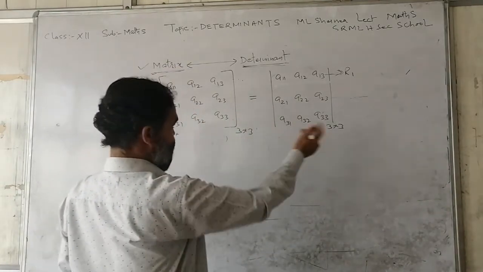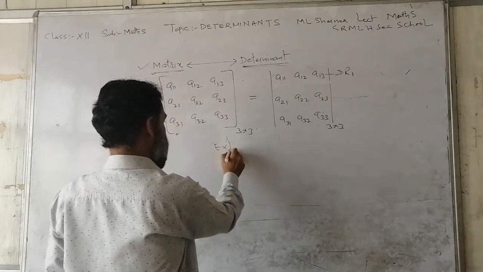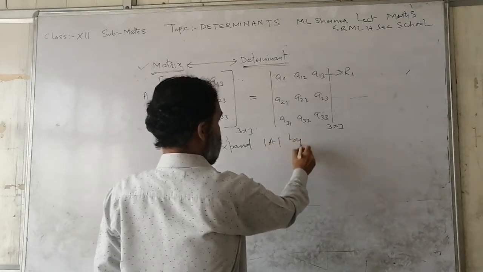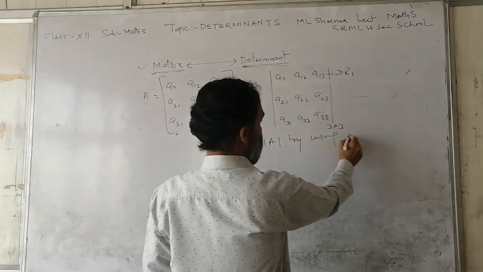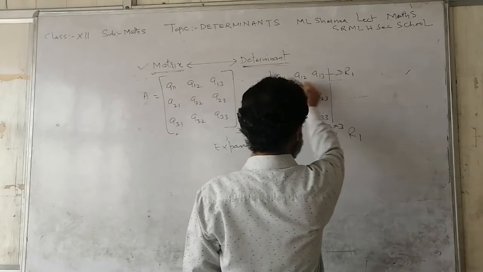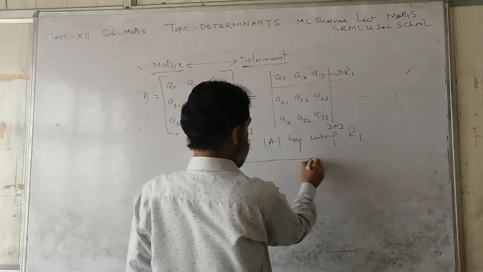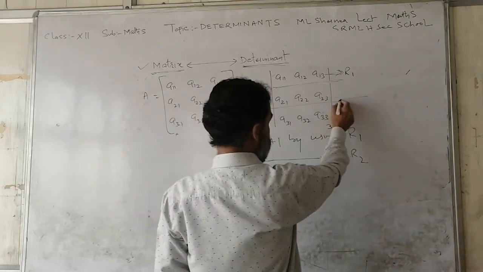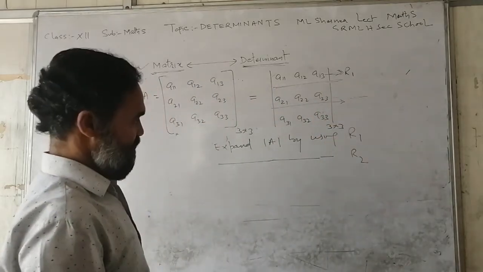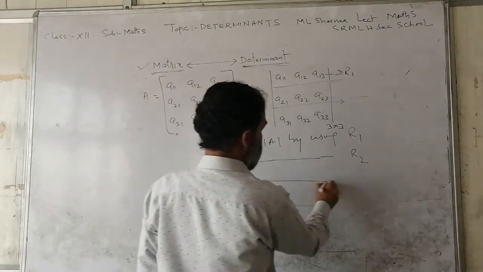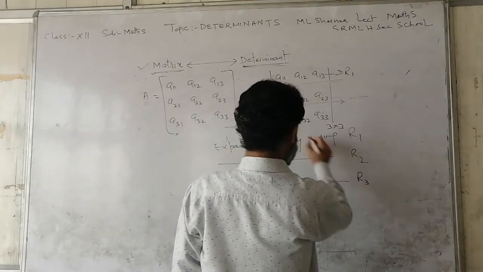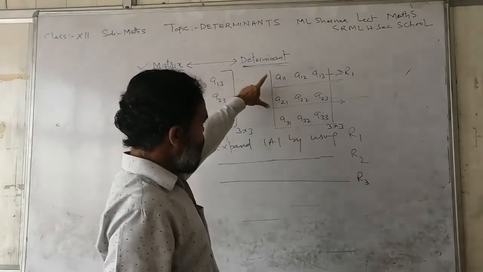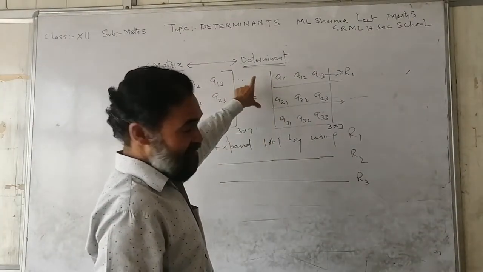This was one of the ways: I can expand this determinant by using R1, this row. I can expand this determinant by using R2. This row can be used to expand this determinant. Same way, I can expand this by making use of R3. So that means there are 3 ways by which I can expand this.